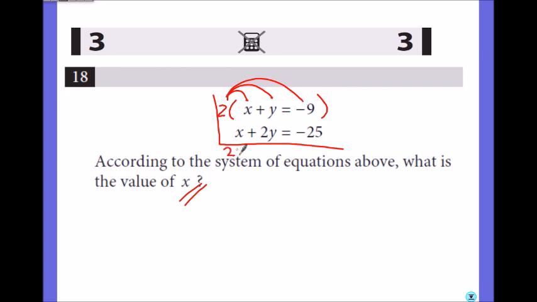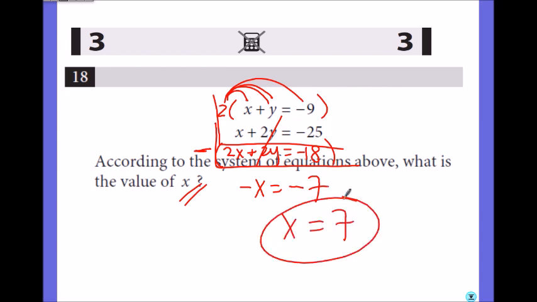So I get 2x plus 2y equals negative 18. Now, from these two, how do I get rid of 2y? You subtract this whole term, all three terms. So these are gone. So x minus 2x is negative x. Negative 25 minus negative 18 will be plus 18, so it will be negative 7. So x is 7.